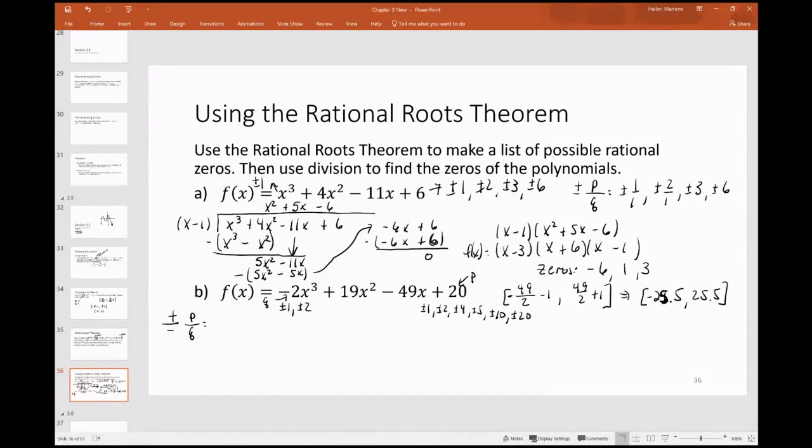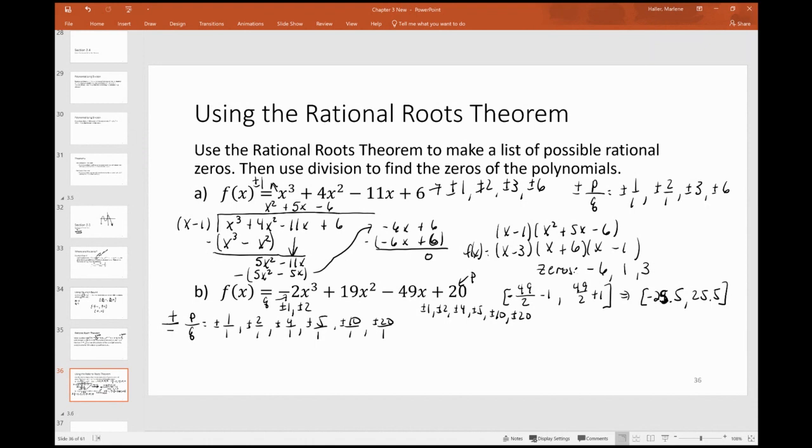All right, so what are all my p over q's? Well, let's see. I can have plus or minus 1 over 1, plus or minus 2 over 1, plus or minus 4 over 1, plus or minus 5 over 1, plus or minus 10 over 1, plus or minus 20 over 1.